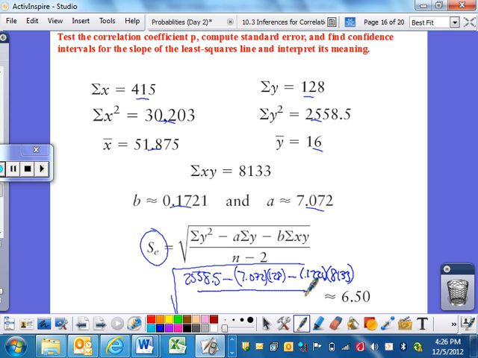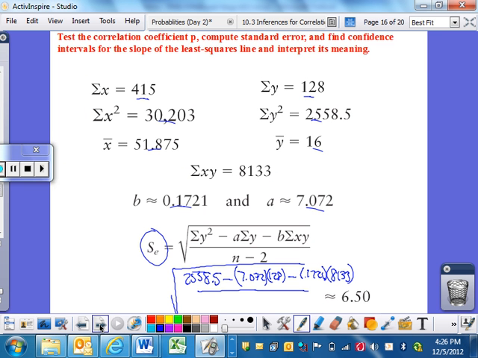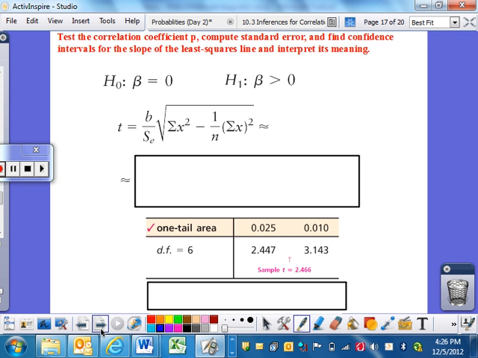So what you need to go back to is figure out what's your n. There's 1, 2, 3, 4, 5, 6, 7, 8 different things. So it's 8 minus 2. That's how you plug in, and you should approximately get 6.5 as your standard error. So that's your SE. And using all of that information, here's how you set up your test. They expect the null to be 0 always.